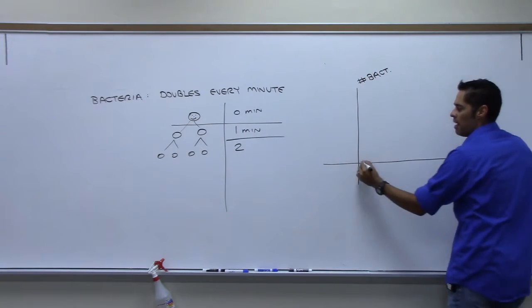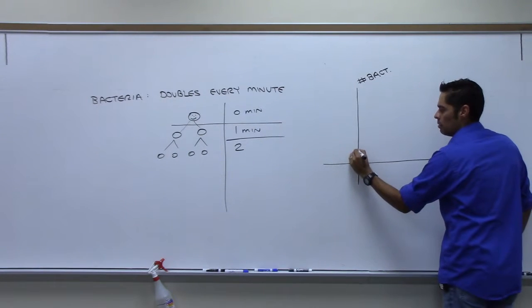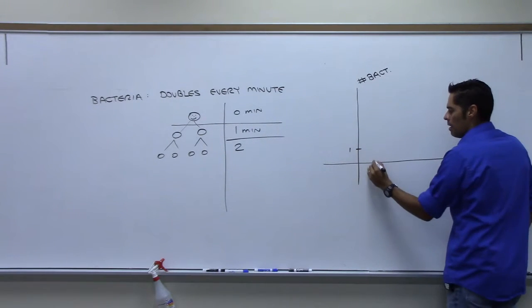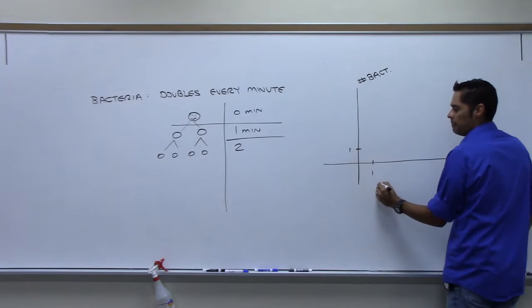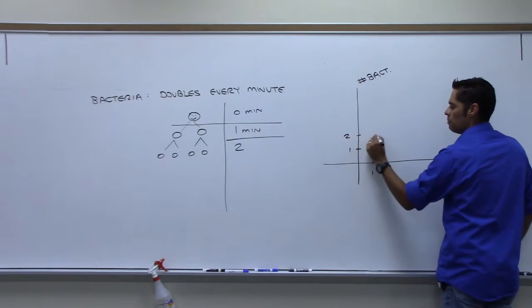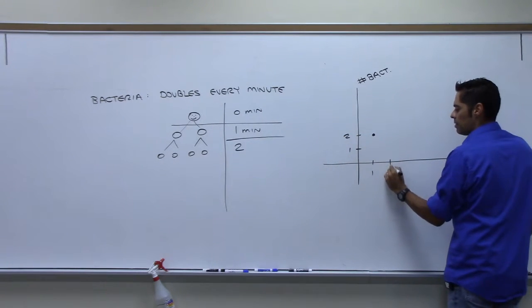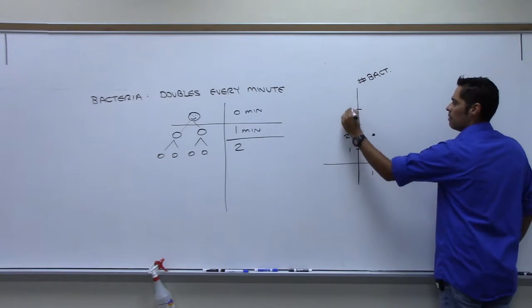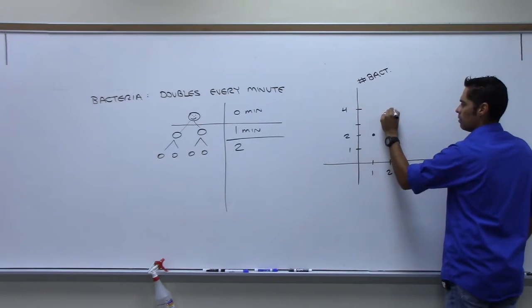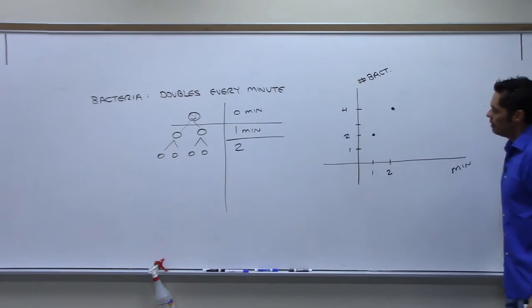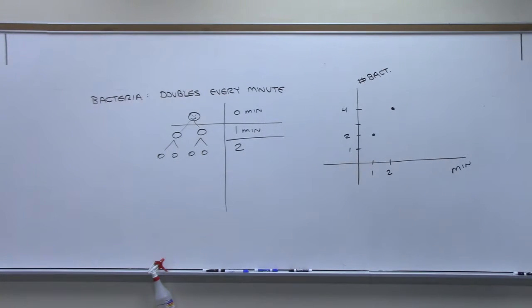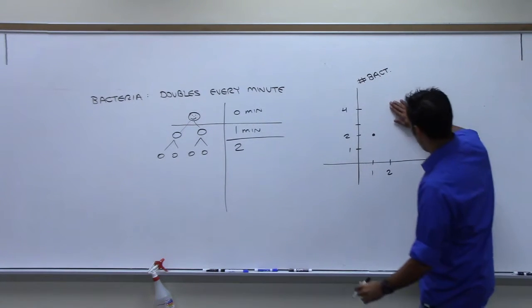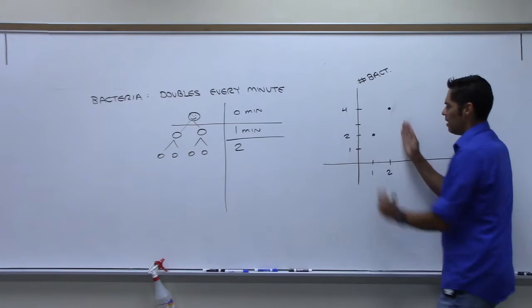At 0 minutes, how many do we have? 1. After 1 minute, we have 2. After 2 minutes, we have 4. Does that look like a straight line to you?